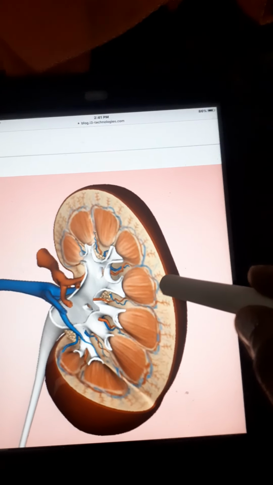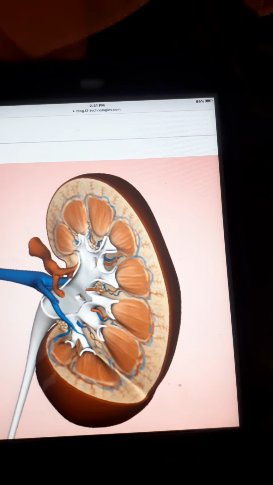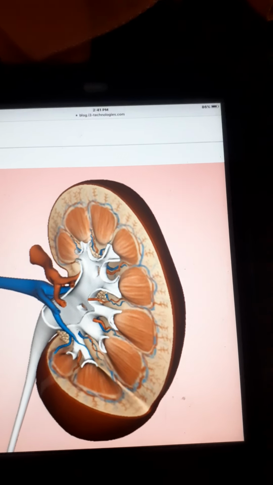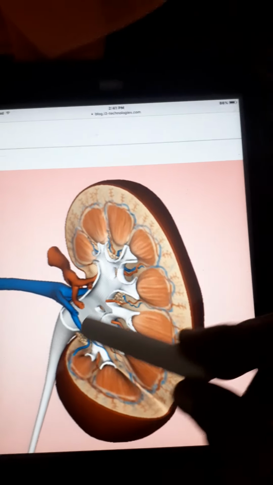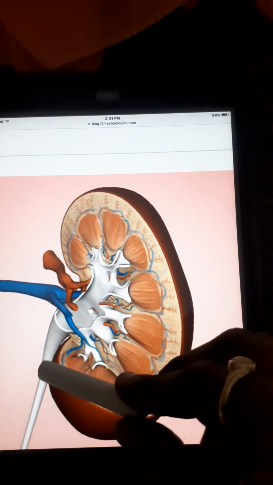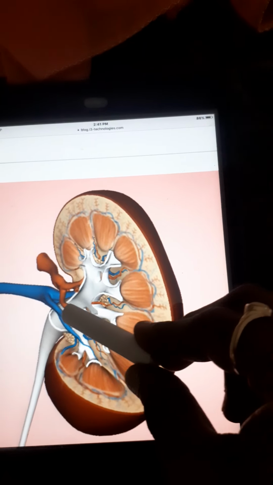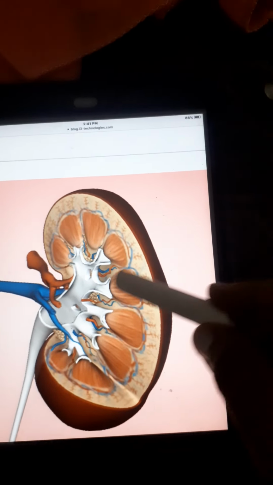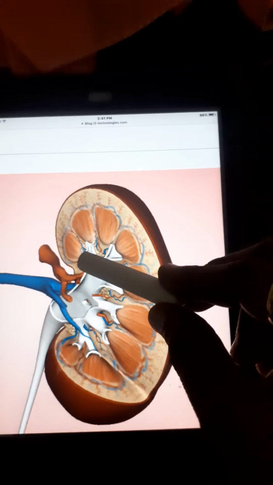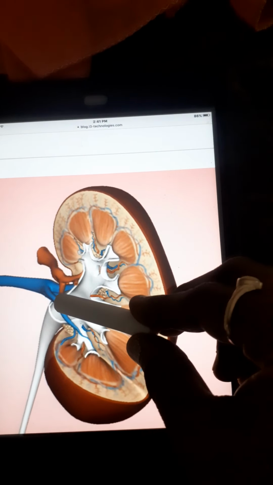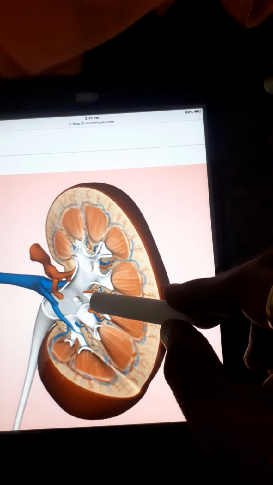We have a pair of kidneys in human beings, and each kidney has a pipe like structure, which is called the ureter. This ureter, along with the artery and the vein, opens into the kidney.